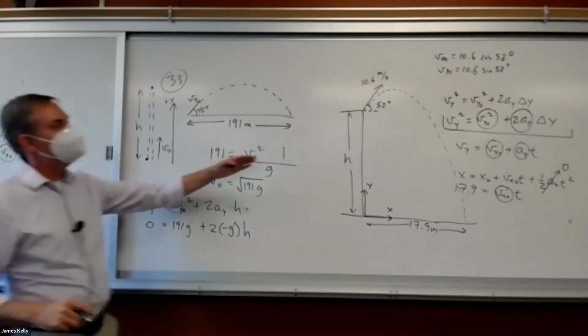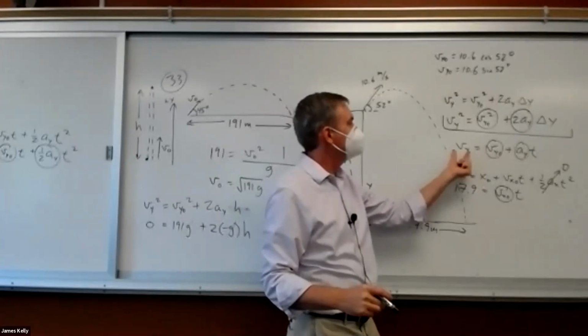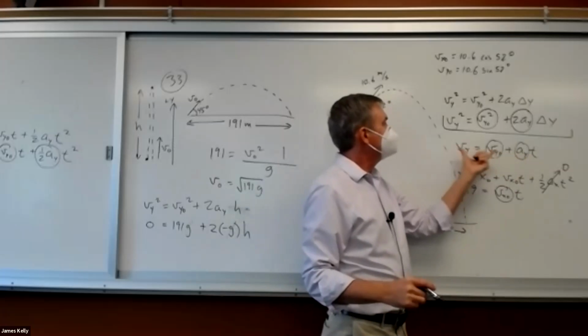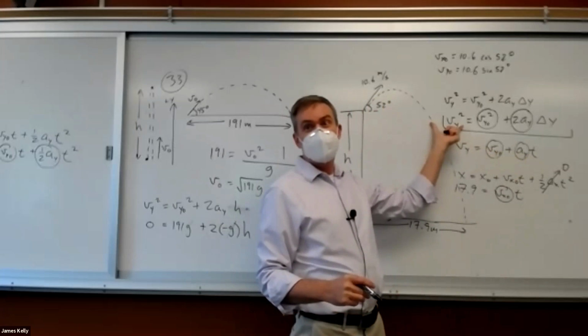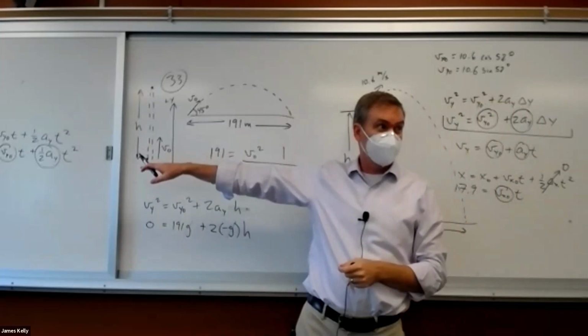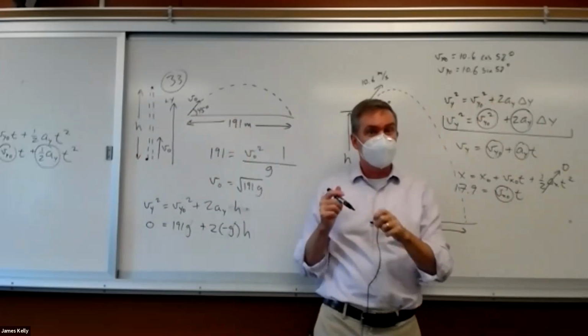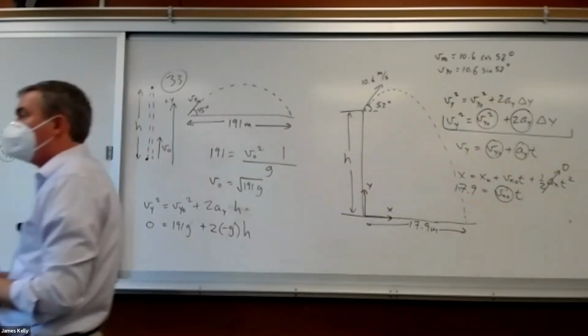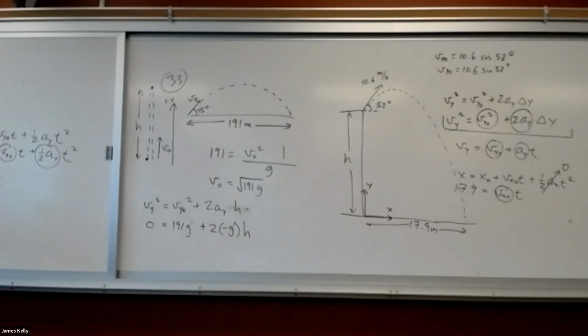is going to be the same as if I went through the painful process of taking this and substituting it in for Vy there and squaring it out and making a big mess, and I simplified it. It would just look like this equation. So we're really kind of making a little bit more work for ourselves here. But it illustrates the fact that there are several ways you can go through these equations to get to the final answer.